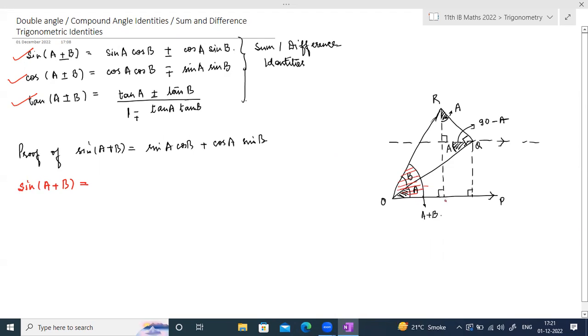So we have the right angle triangle with the vertical line from R that touches OP at X, triangle OXR. From this triangle, what will be sine A plus B? RX upon OR? OX? No, that is tan.